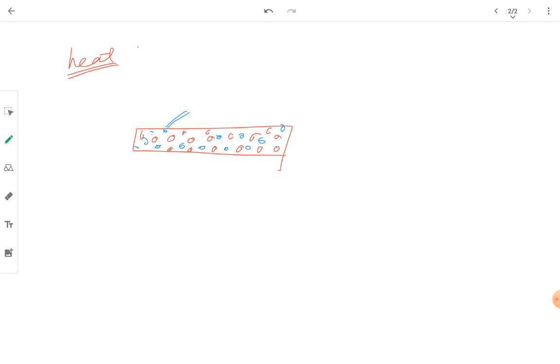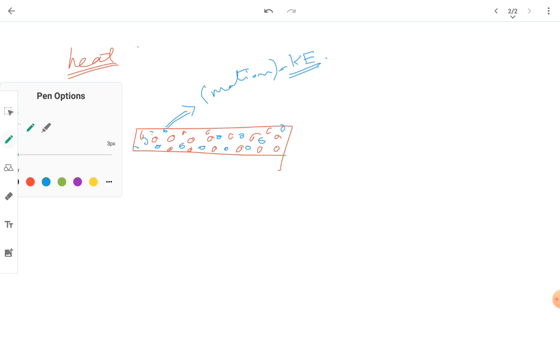Now if this blue one is moving, we are considering this blue one as motion. Motion means kinetic energy.